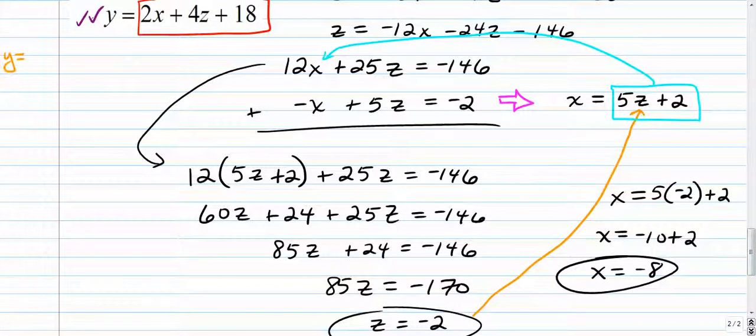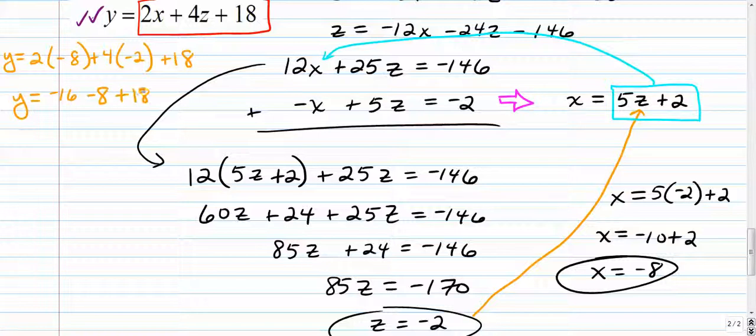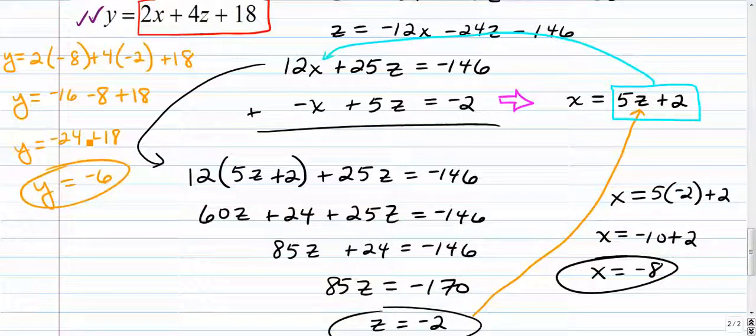So y is equal to 2 times negative 8 plus 4 times negative 2 plus 18. y is equal to negative 16 minus 8 plus 18. y is equal to negative 24 plus 18, or negative 6.